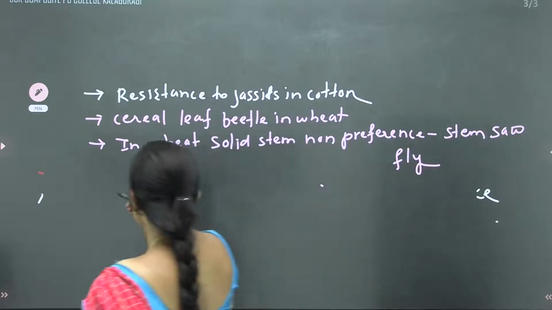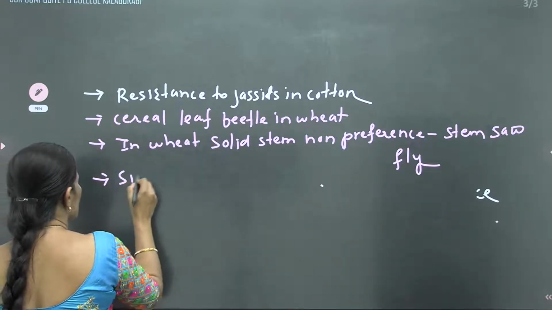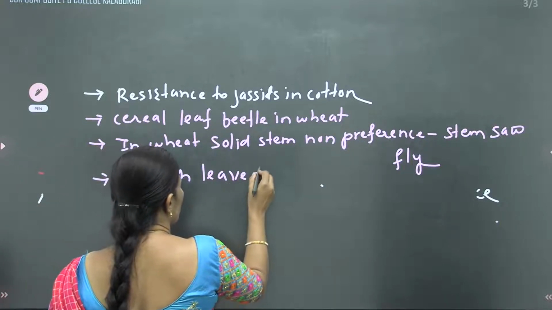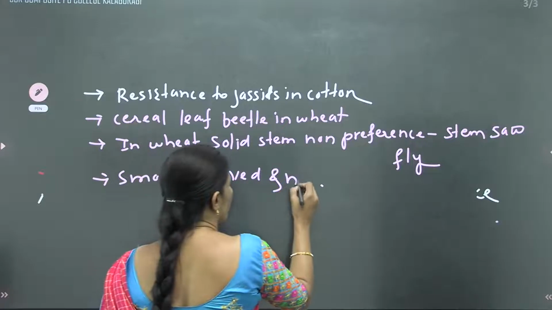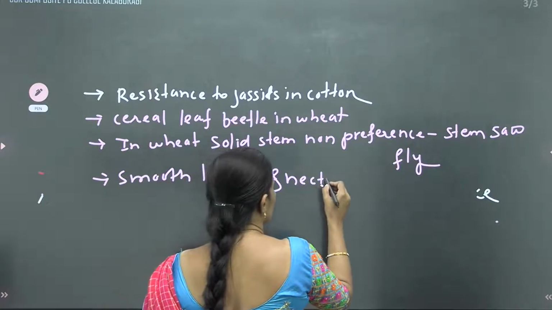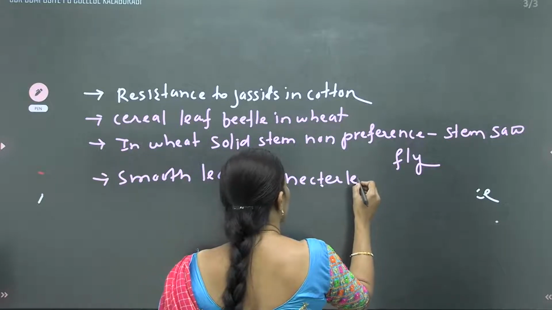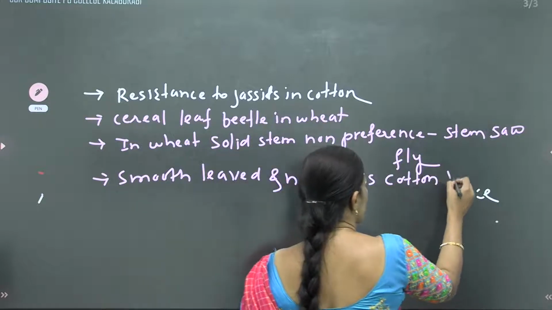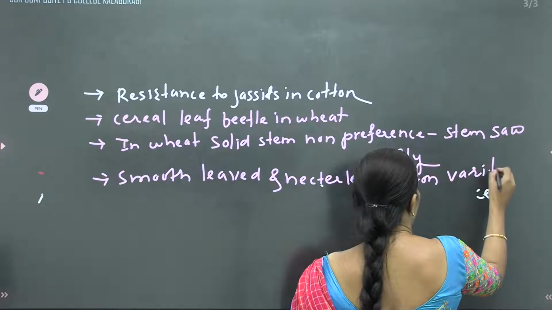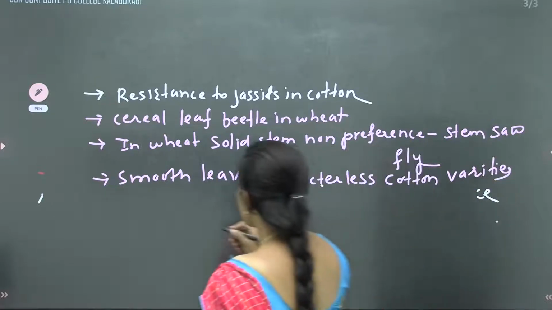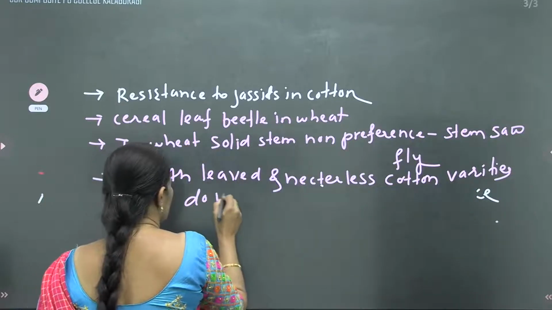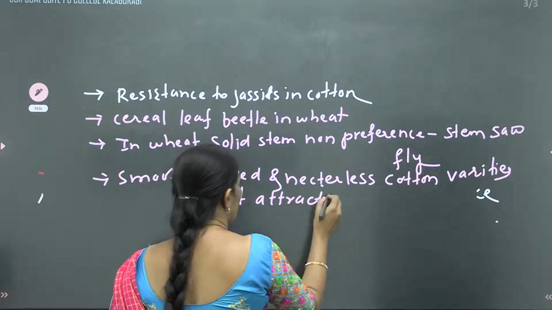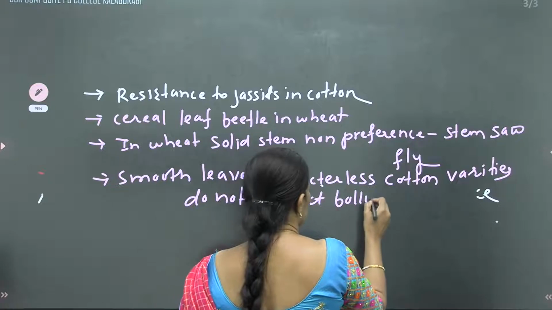and the fourth one is here the smooth-leaved and nectarless cotton varieties do not attract bollworms.